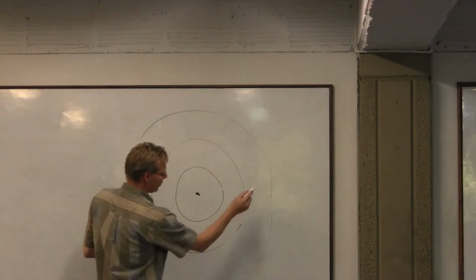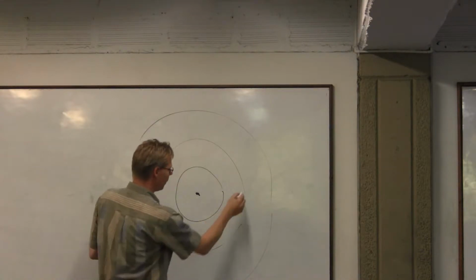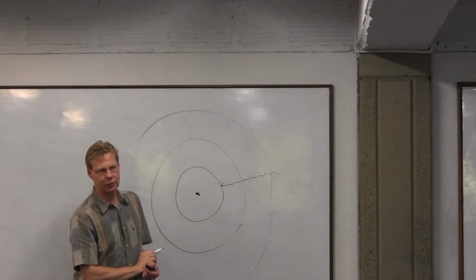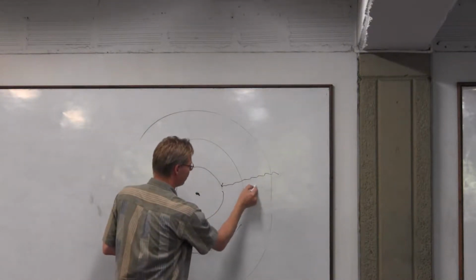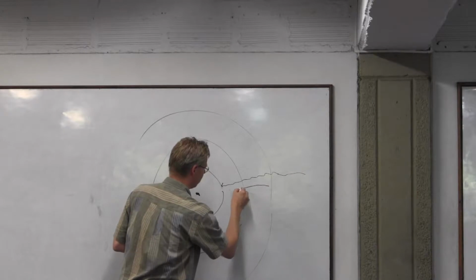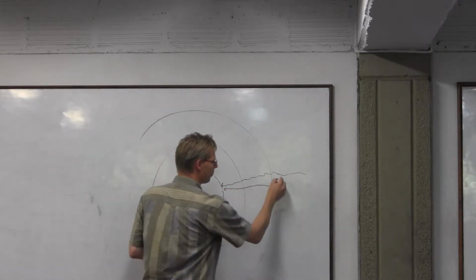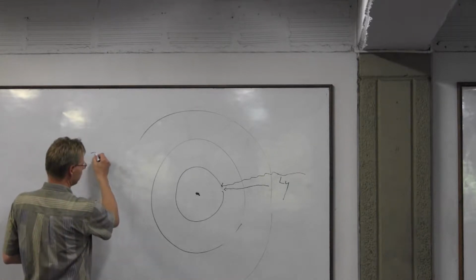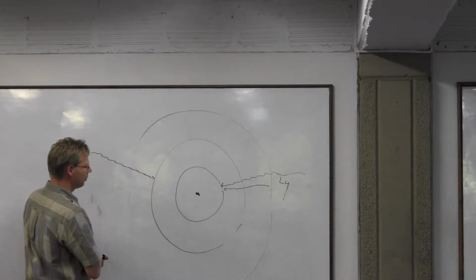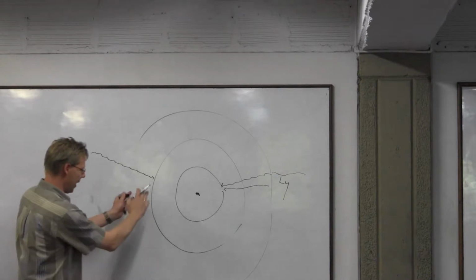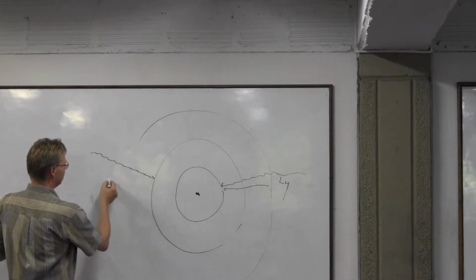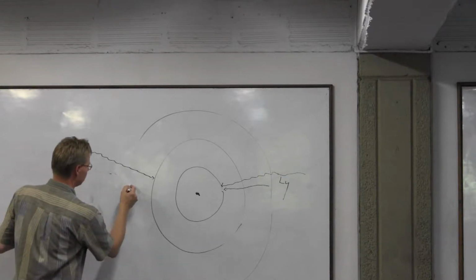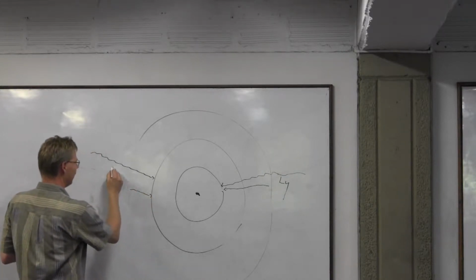And then if you have an excited electron falling back to the first one, then of course you have the Lyman series, depending on where it's coming from. If it's combining to the second shell energy level, then you have the Balmer series.